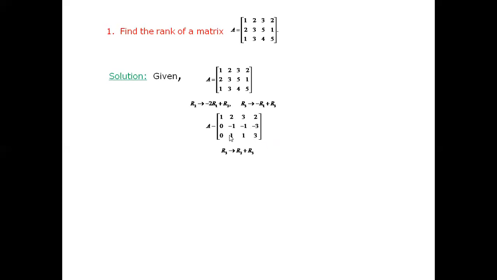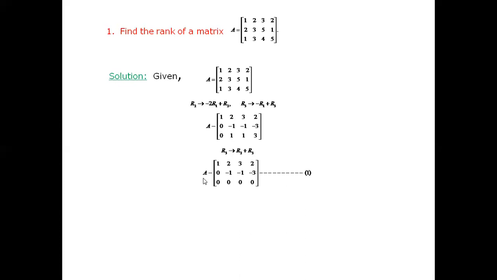To make this element 0 by operating with its previous row R2: this is minus 1 and this is plus 1. Just add these two, minus 1 plus 1 becomes 0. So the element below the leading entry becomes 0. Let us use the operation R3 becomes R2 plus R3.